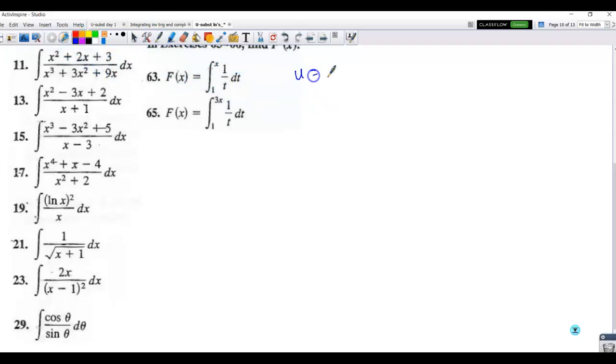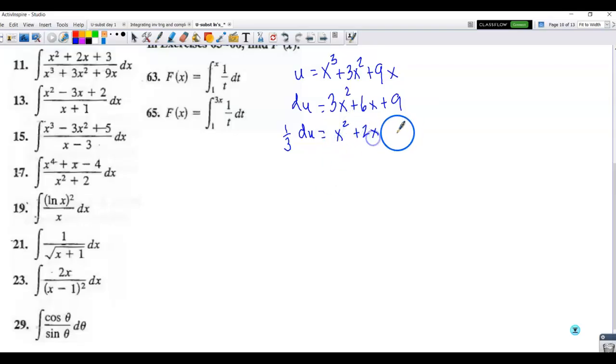So since that's the case, I'm not thinking long division. I'm thinking u substitution. So I'm going to let u equal the denominator, x cubed plus 3x squared plus 9x. The derivative is 3x squared plus 6x plus 9. In the numerator, I don't see that, but if I factored the 3 out and divided it to the other side, I would get x squared plus 2x plus 3.